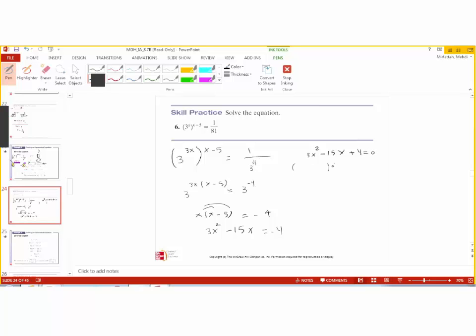Okay, so Jim, how do you factor this? Is it 3x? Yeah, put 3x and x, okay? So what are you going to put now for 4? I'm stuck. I'm not sure.